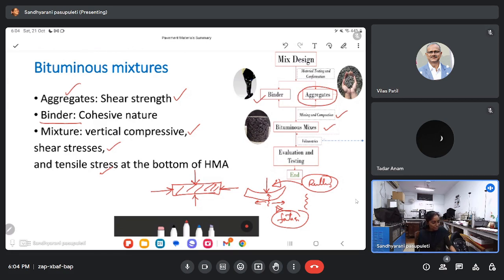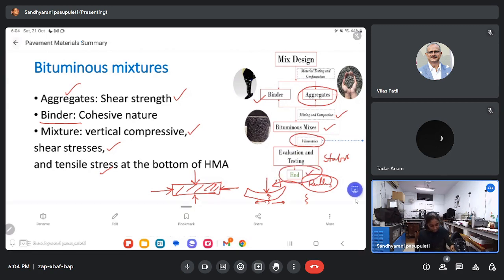Then on the specimens, I calculate the volumetrics, such as the air voids and voids in the mineral aggregates, because all this actually indicates its behavior in the upcoming years in the field. Then those samples I will check for stability. If I am going to check for performance, then I will check for rutting and fatigue. Then at the end, if everything gets satisfied, we say that this is the final mix design.